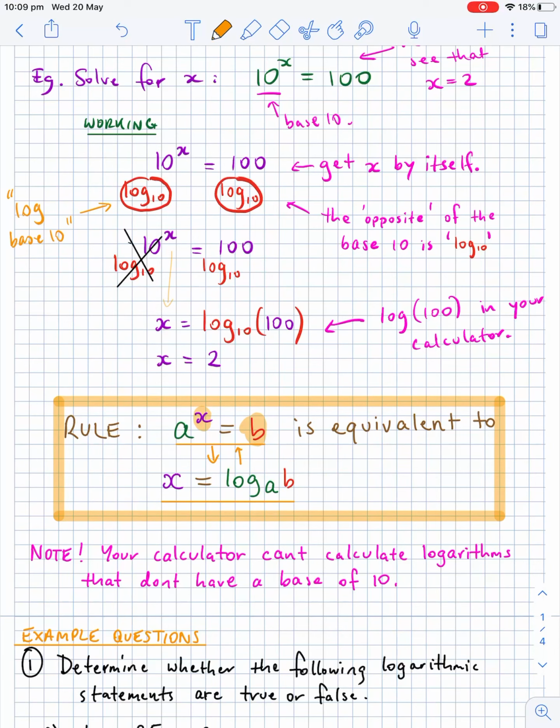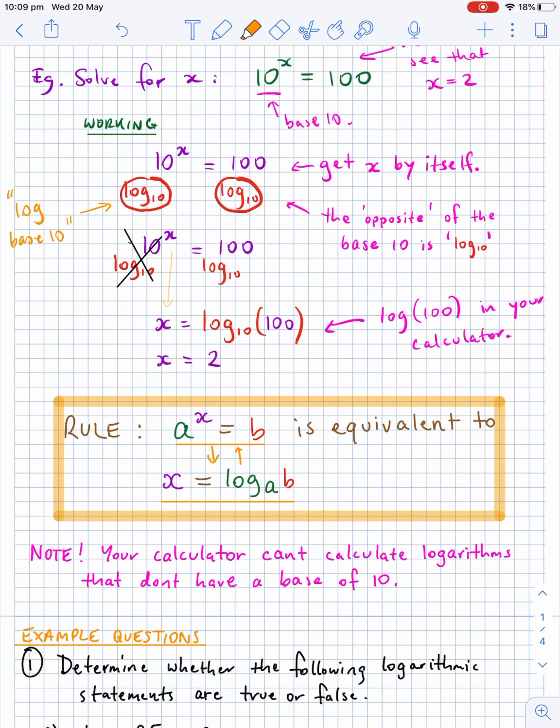That's the part in the brackets, but you don't need to show those brackets. It's really important to be able to go from this to this really quickly. And if you want to use this idea of log being the opposite of the base, then so be it.